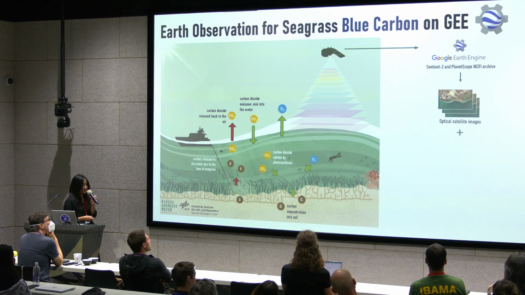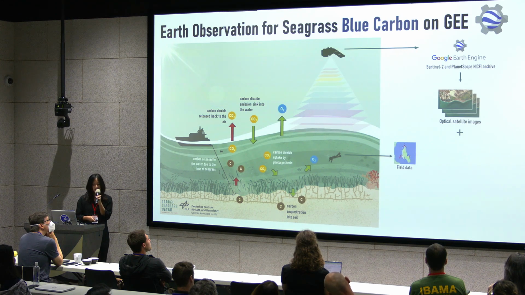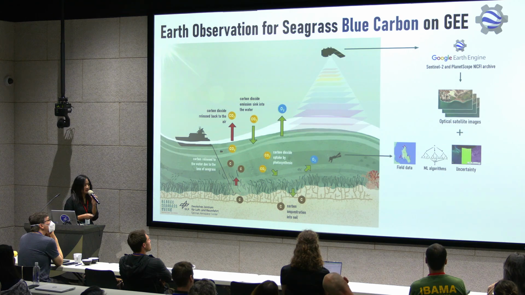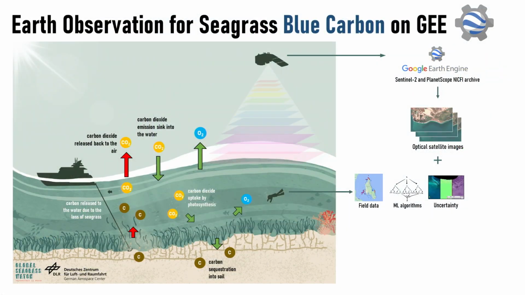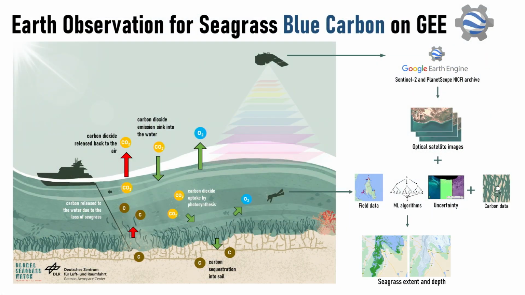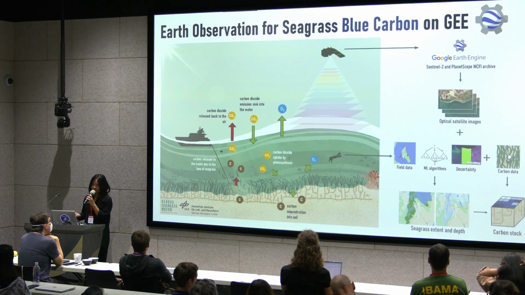And then with the available field data, our machine learning algorithms, and also uncertainty analysis, we estimated the spatially explicit seagrass extent and depth, and also with available carbon data or literature, we can estimate the carbon stock that can be sequestered into the soil. For now, we only have the numbers, but we are aiming to also map the carbon stock in the future.